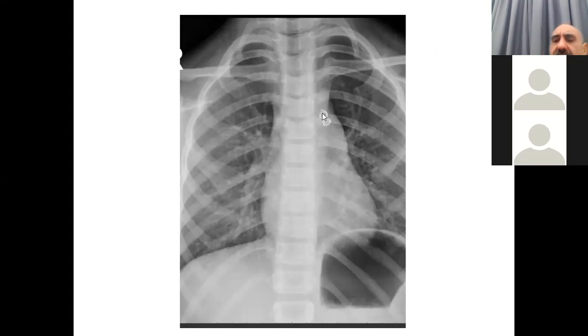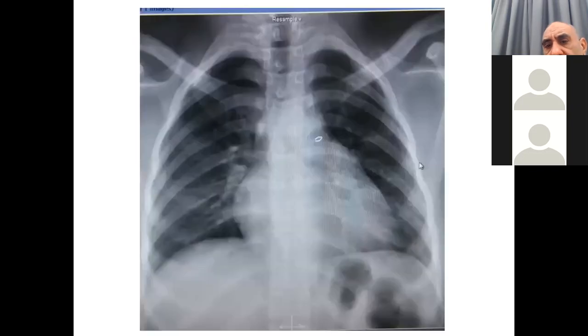This is the coil we usually put by catheter to close the patent ductus arteriosus if it is not closed. So this is a PDA closure coil we put usually. And this is another photo of a PDA closure coil.